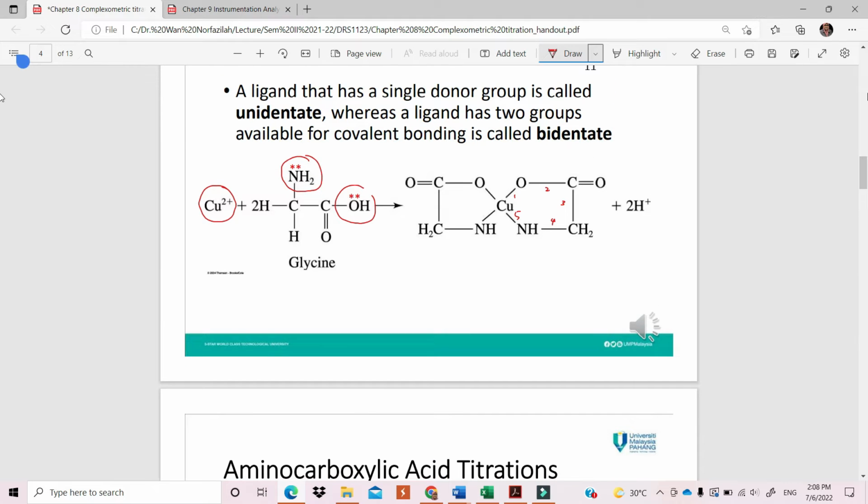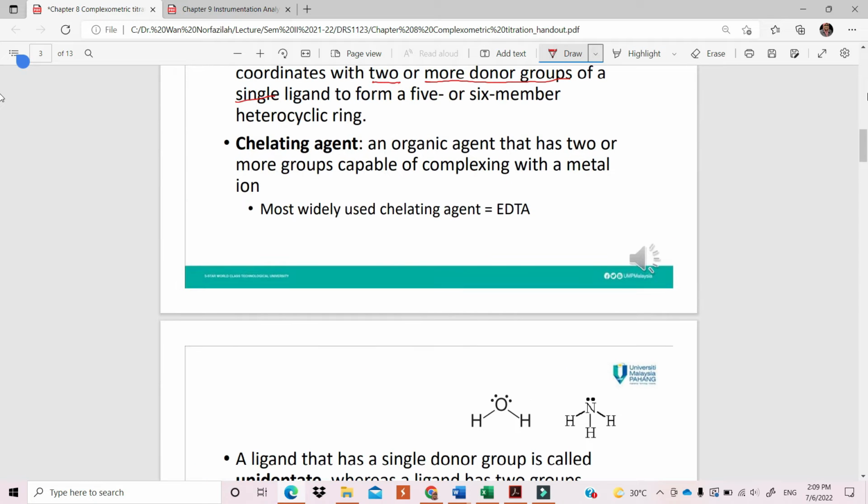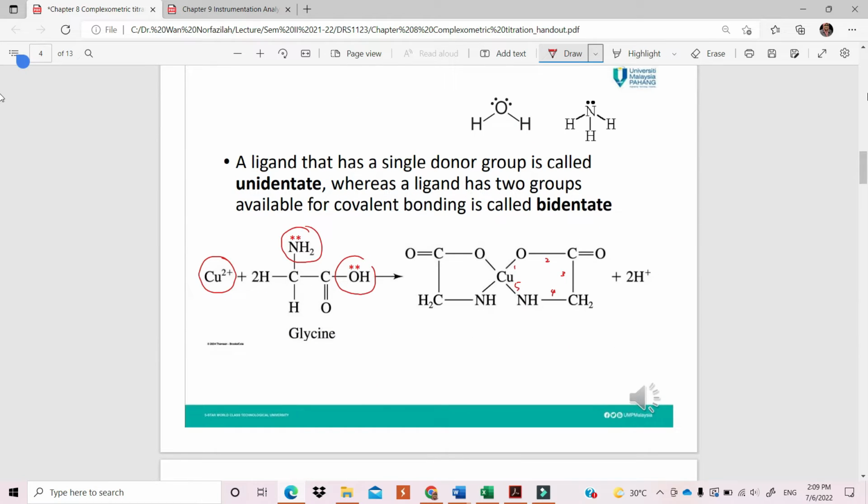It has already formed bonding with the metal ions, and when the ligand with 2 or more donor groups forms bonding, they can form a 5 or 6 member heterocyclic ring. Kan boleh nampak macam bentuk ring kan. So dia ada 5 lah.